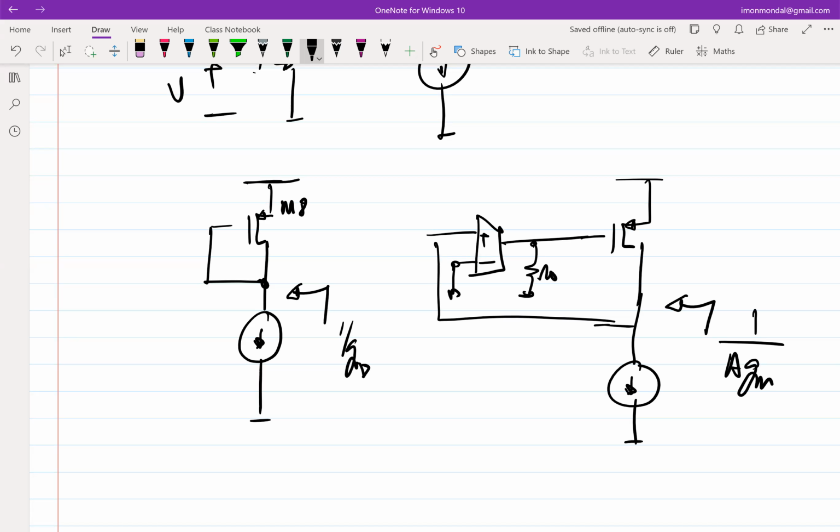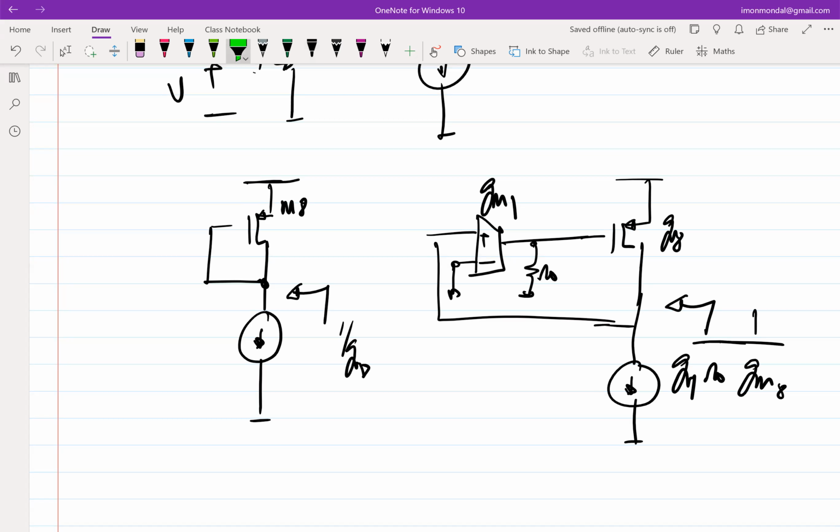It's incrementally grounded. So what will be the output impedance now? This is GM8, this is GM1. What is A in this case? Equivalent A is GM1 times R0. So the output impedance goes to 1 over GM8 times GM1 times R0.